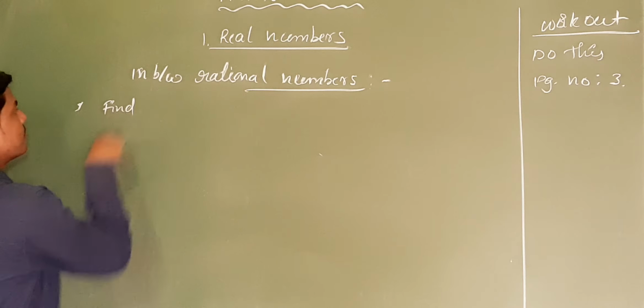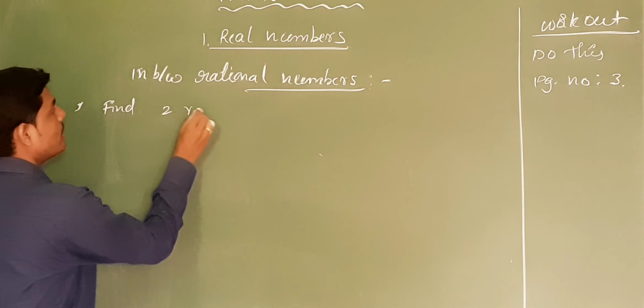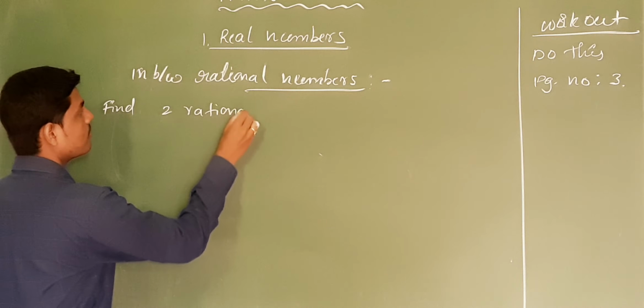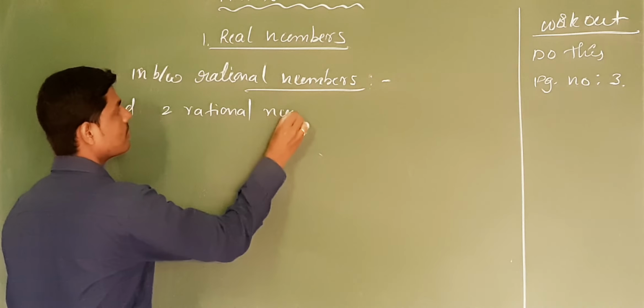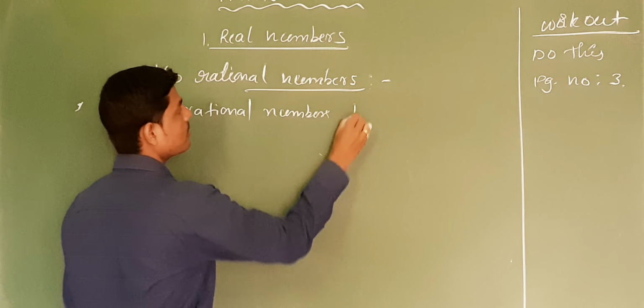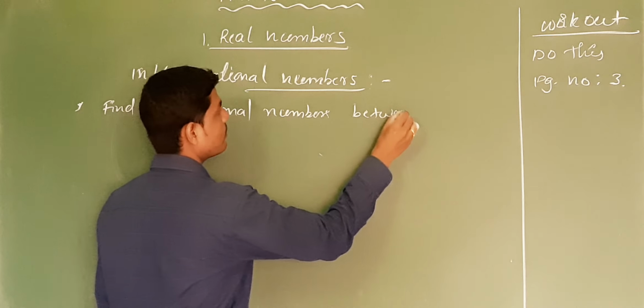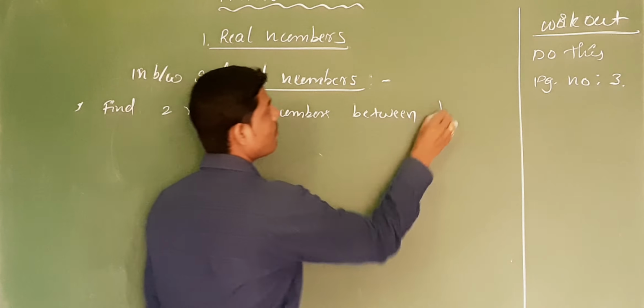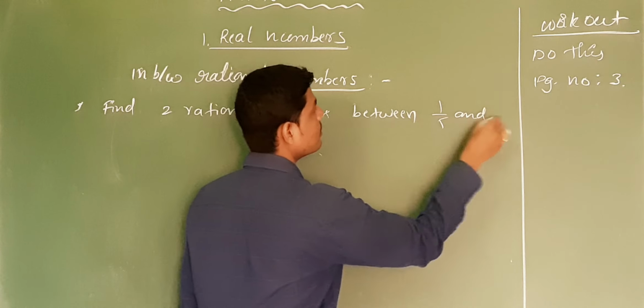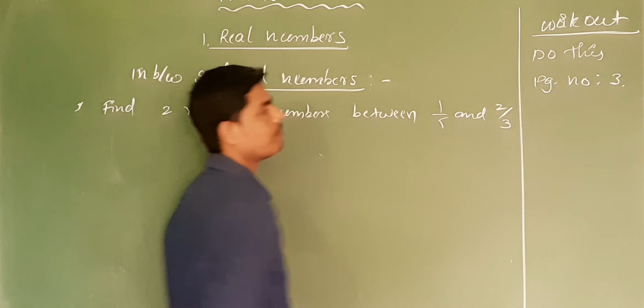Find two rational numbers between 1 by 5 and 2 by 3.